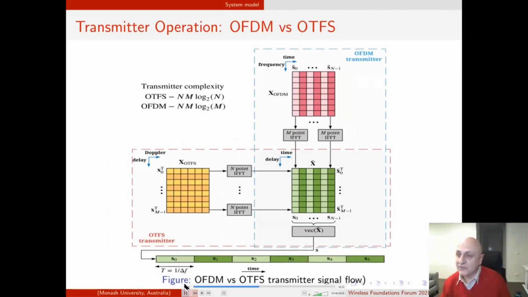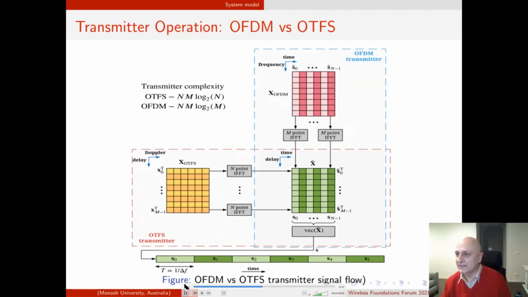So this slide visualizes the difference between the OTFS transmitter and an OFDM transmitter. In the OFDM transmitter, we start from the time-frequency plane. We place our information symbols in this time-frequency plane, and then we apply the OFDM modulator on each column.